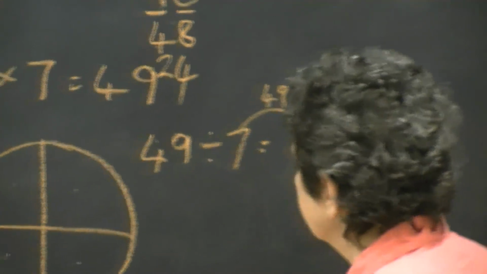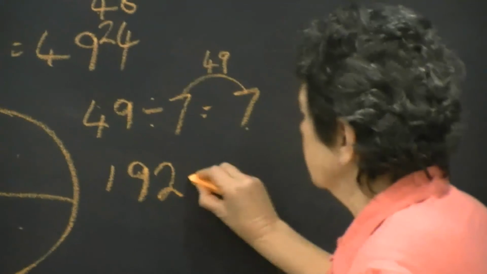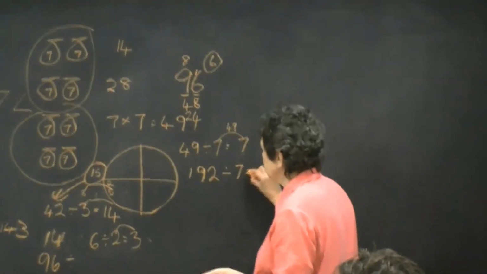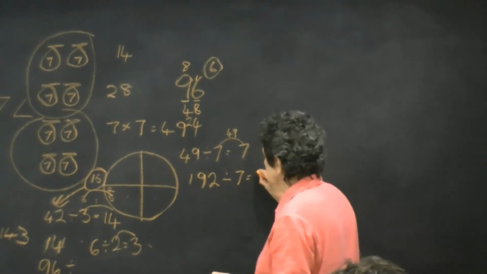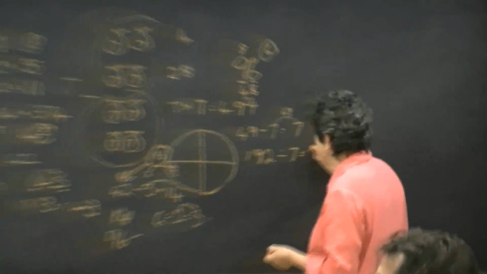But give us a bigger number to divide by. Something divisible by 15, for example. 84. 192 divided by 7 equals 26?